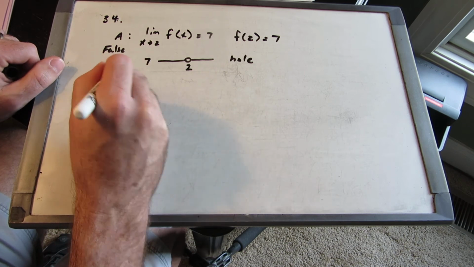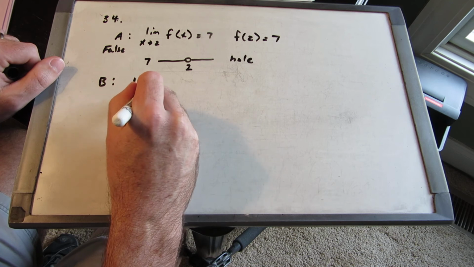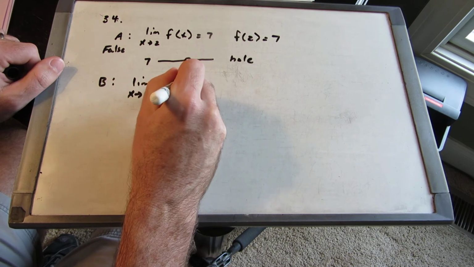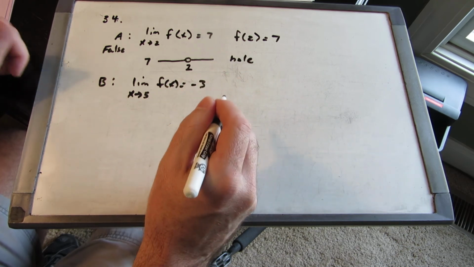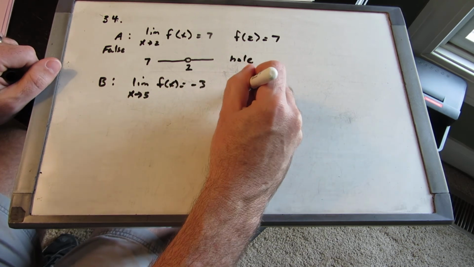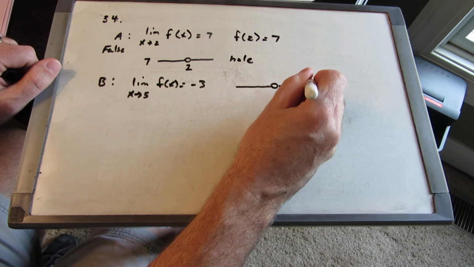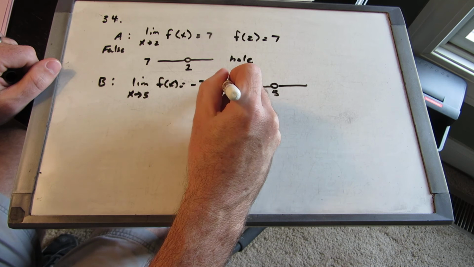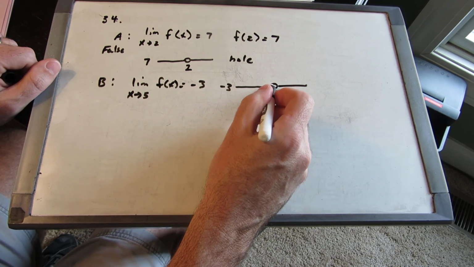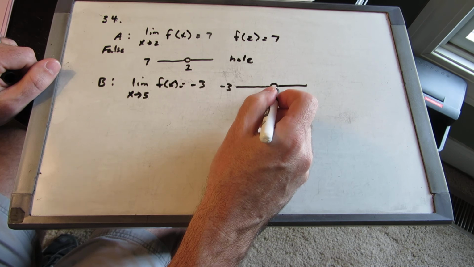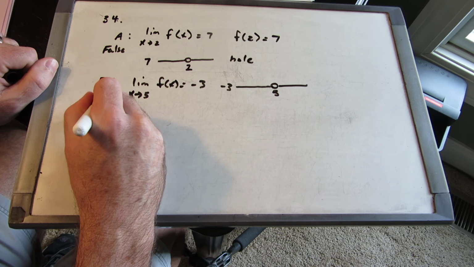Part B, we have the limit as x approaches 5 of f of x is equal to -3. Then is -3 in the range of f? Well, that's the same kind of thing. What if we have x equals 5 and y is -3? What if we have a hole there? If that's the case, then we're undefined at x equals 5, so it's not in the range, so that one also is false.